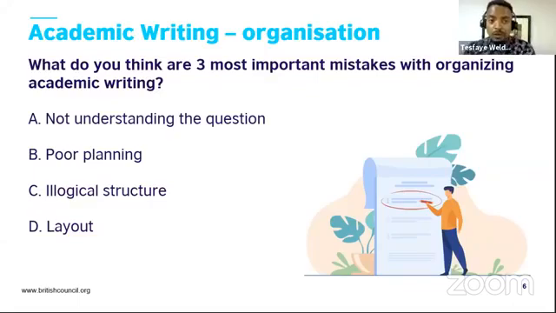So, what do you think are the three most important mistakes with organizing academic writing? Not understanding the question or the task, poor planning, illogical structure, and layout.